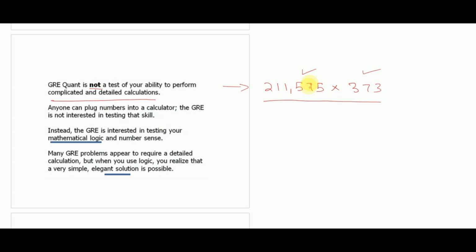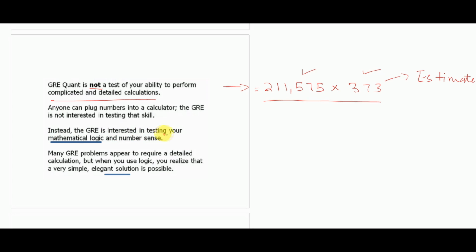Now, while solving a question, if you encounter an expression like this, remember, you always need to estimate. In later videos, I'll talk about how to estimate these values. But don't ever think that the GRE actually wants you to calculate this value. So let's move on.